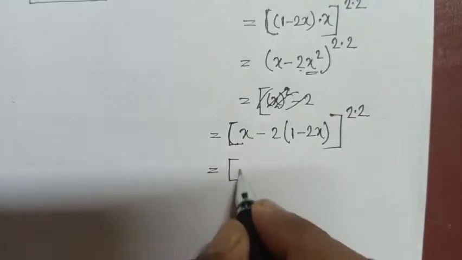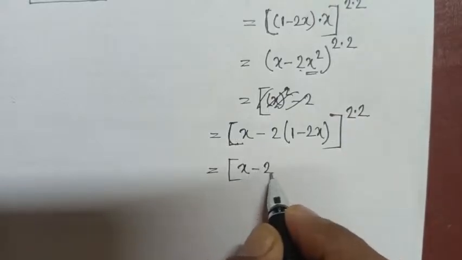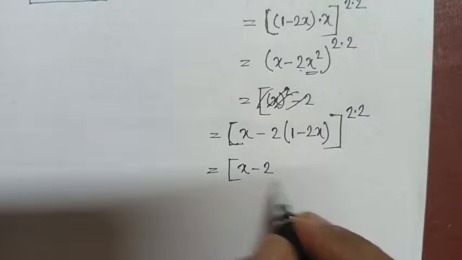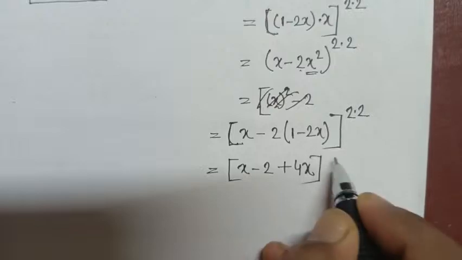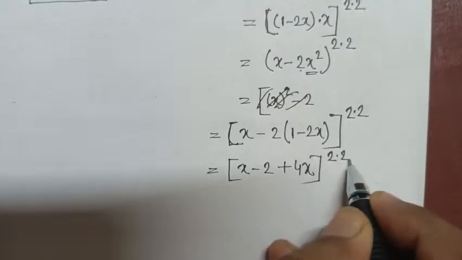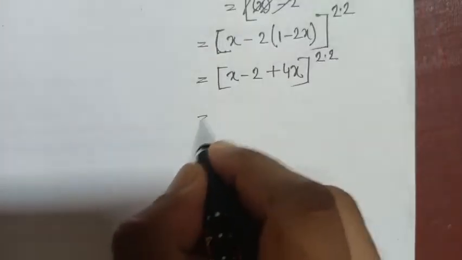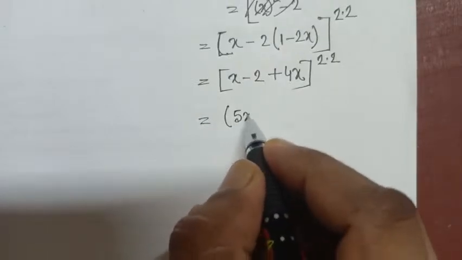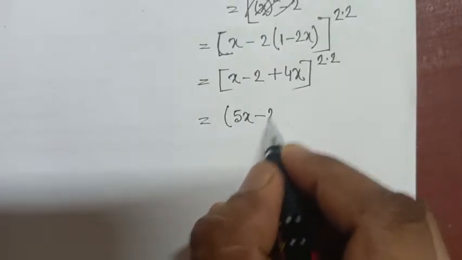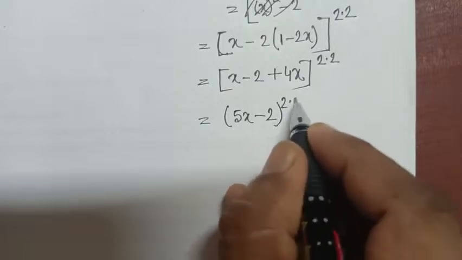Now we get the value x minus 2 plus 4x to the power 2 dot 2. So here we get 5x minus 2 to the power 2 dot 2.